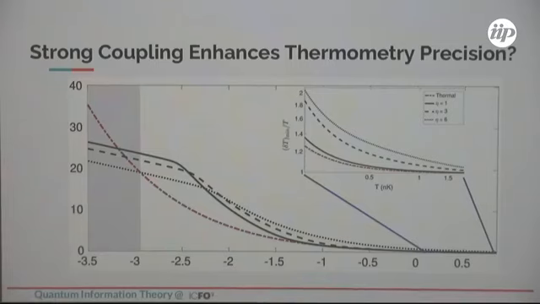If we continue going to smaller and smaller temperatures, we will reach a regime where increasing the strength of the interaction will eventually start to be useful for thermometry. However, the problem is that in this regime the relative error is very big. Notice that this is a logarithmic scale, so the relative error is 10 to the power of 40 or something. So in order to have an enhancement by the strong coupling, you have to go to regimes where the precision is very bad anyway.